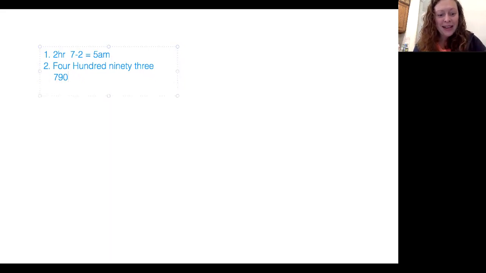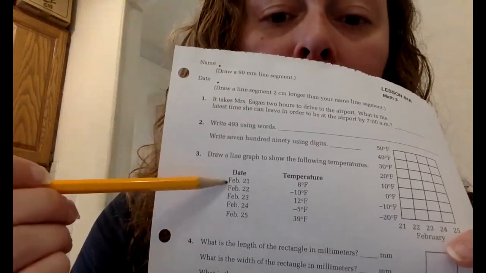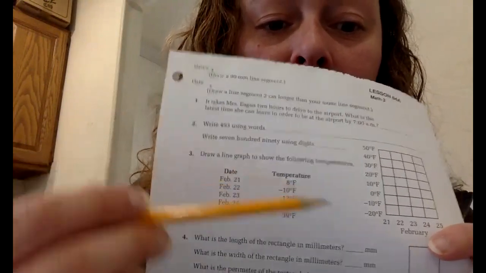Okay. Number three, draw a line graph to show the following temperatures. I hope you guys remember this. It hasn't been that long. So what are we going to do initially? Let's stop share so we can do this together. We're looking at February 21st at 8 degrees.